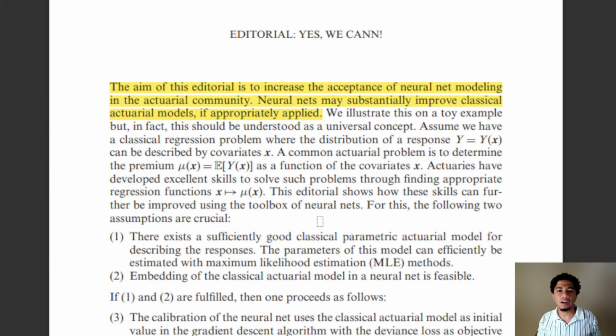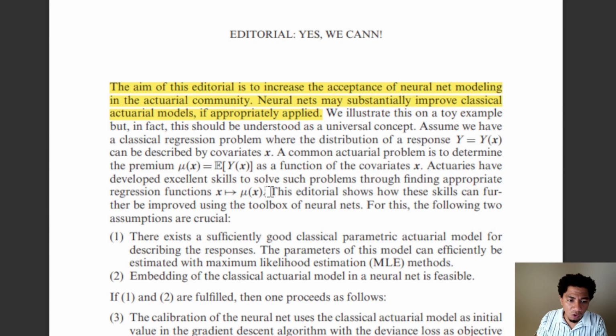But actuaries have really been slow to adopt these techniques. And these authors are then trying to increase the acceptance of neural network modeling, right? The reason is that these modeling techniques can substantially improve these models in terms of predictive power, and they can unlock various other things which can be regarded as a good tool that actuaries can use.